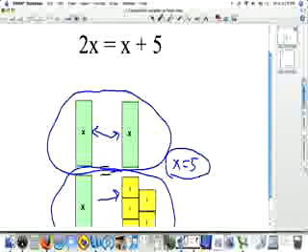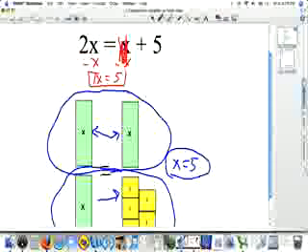So we're going to subtract x. So it gets rid of that x right here. Well then 2x minus x is just 1x. And all we have over here is 5. So 1x is equal to 5. You get the same answer, and actually this is the way we're going to want you to do it pretty soon. But if you understand it this way for now, that's okay.